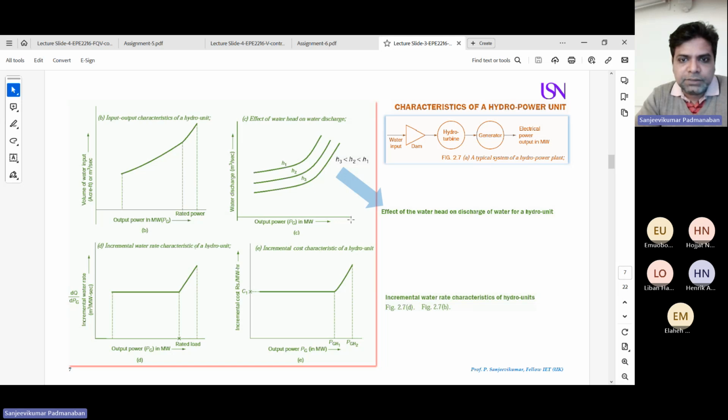As the power increases, you can have a look, for example, at this condition where the head is very low, the water discharge is very low for H3, whereas the water discharge required for H1 is very high. So H3 is less than H2, less than H1. So it all depends on the head size of your hydropower plant with respect to the output power generated in megawatt.